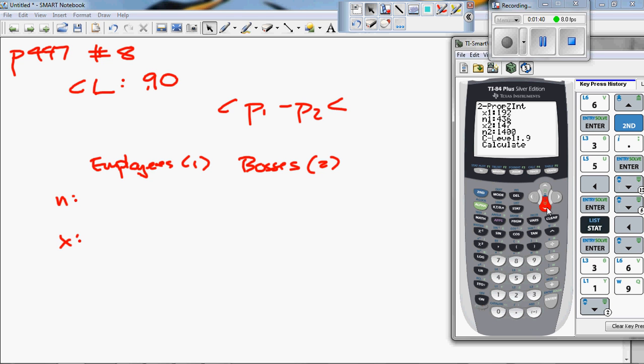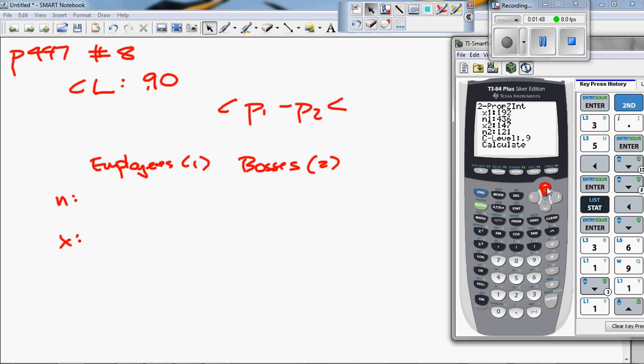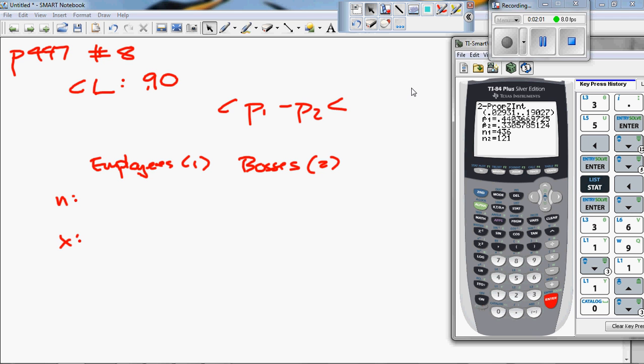And then of the 121 bosses, 40 said that it was unethical. So that's our X2. We are using a 90% confidence level, so that's 0.9. Hit enter.